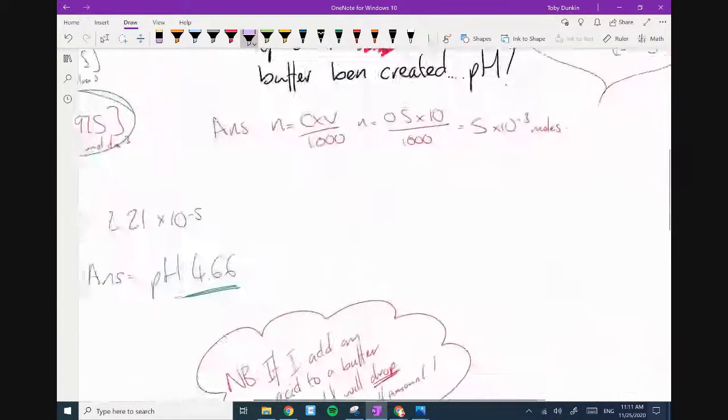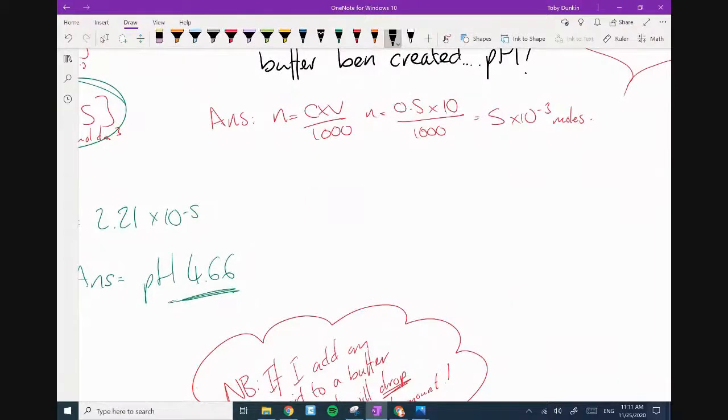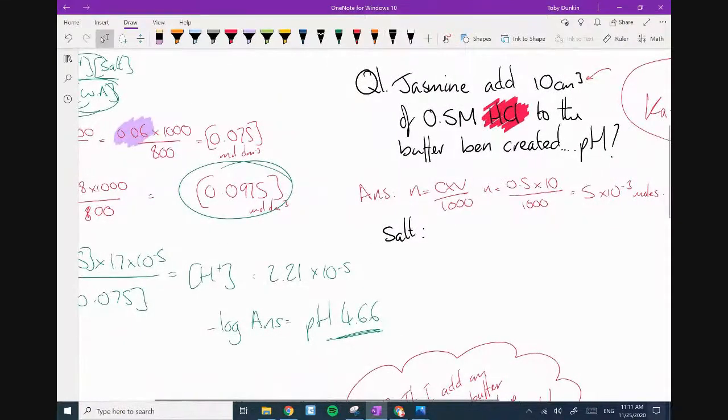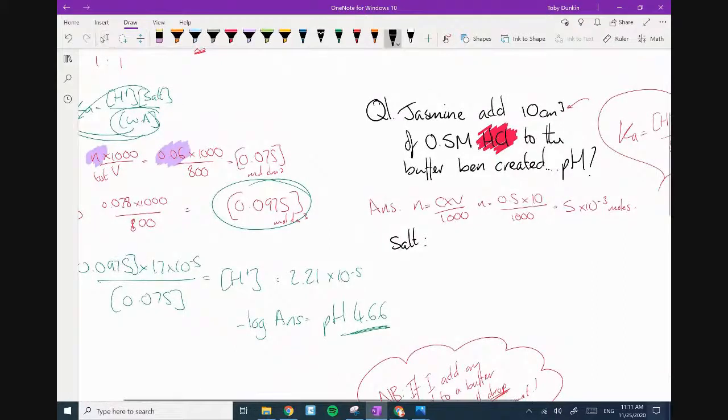We don't need to run it again. So we're going to do salt, and this is going to decrease, so I'm going to do it in red, stick to red.